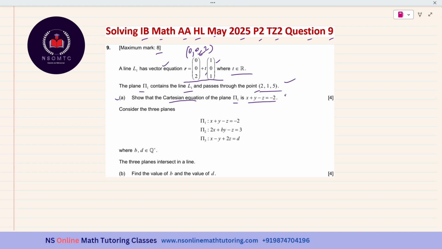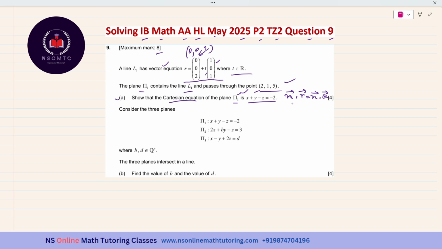It is the dot product of the normal vector of a plane with the position vector of a general point on the plane, equal to the dot product between the normal vector and the position vector of a particular point which is known to be in the plane. So this is the Cartesian equation.